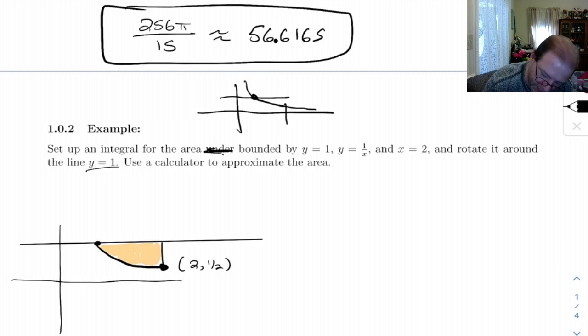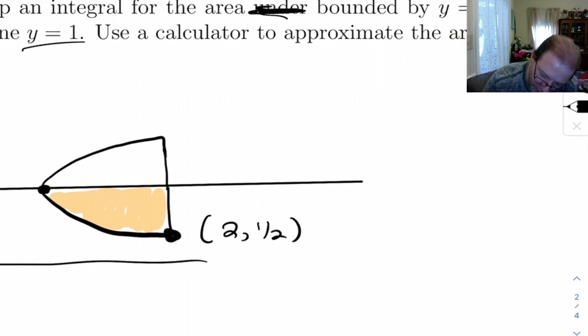So if we rotate that around the line y equals 1, this is going to be the reflected part of it. And it's going to be shaped kind of like a bullet or something. And we want to set up an integral for this. So let's draw in a disk. All right, so the disk is going to be like this.